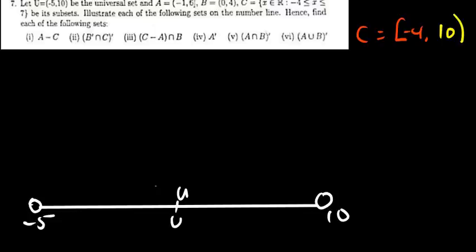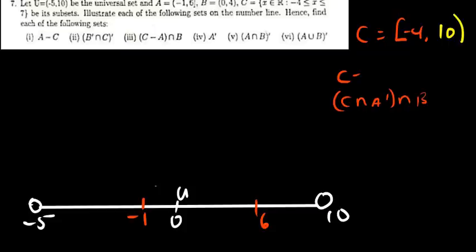I'll put 0 to separate the negative and the positive. What else am I supposed to do? The next thing is that C minus A is the same as C intersection A complement, then intersect it with B. So let's begin with A complement. A is negative 1 all the way to 6, but we are now getting the complement.